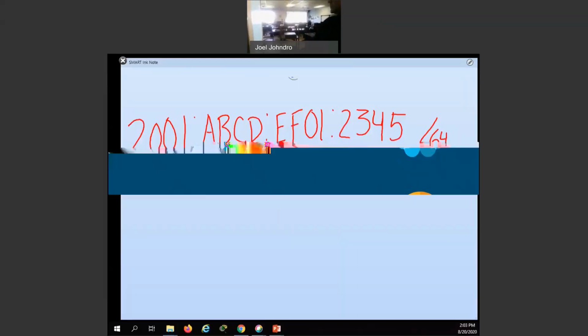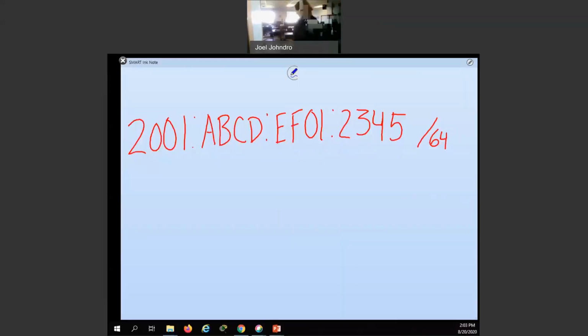Let's take a look at this number right here. This is a standard prefix of an IPv6 number. This is the first 64 bits, also known as the prefix. You would also have 64 bits behind this, which is part of the interface ID.